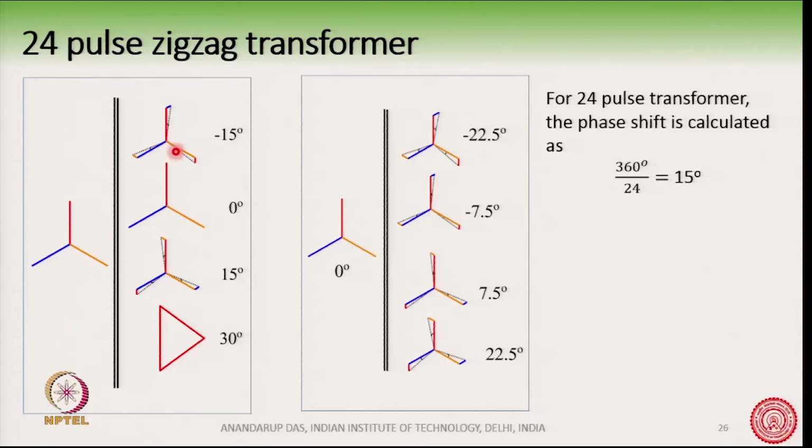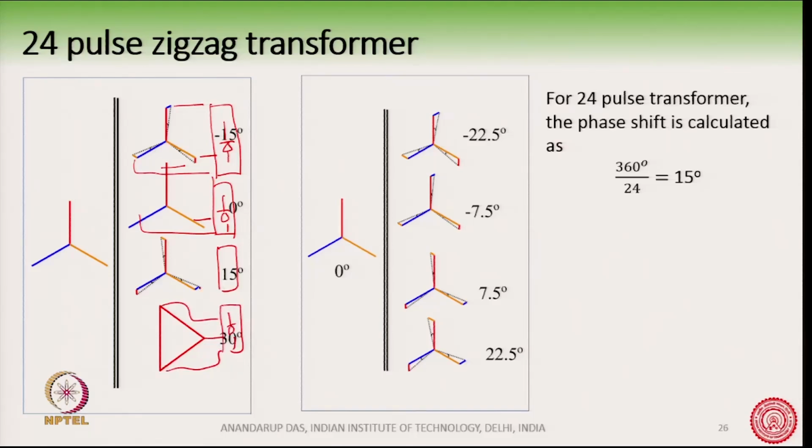With these 4 secondaries, of course, we have 4 rectifiers connected here, we have not shown that. These outputs are connected to a rectifier. This output is again connected to a rectifier. Similarly, there is a rectifier here and another one here. So, there are 4 sets of rectifiers here, and these 4 sets of rectifiers will be series connected.